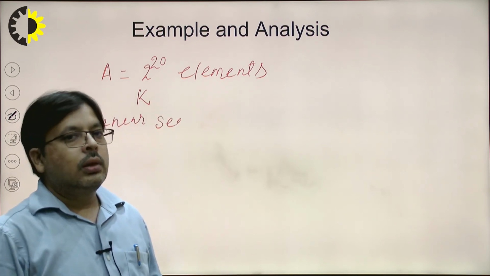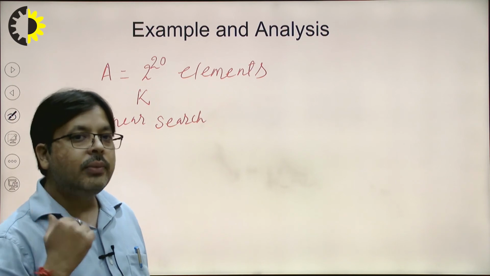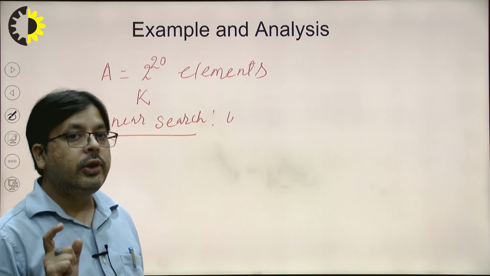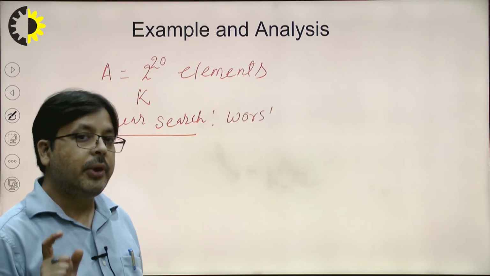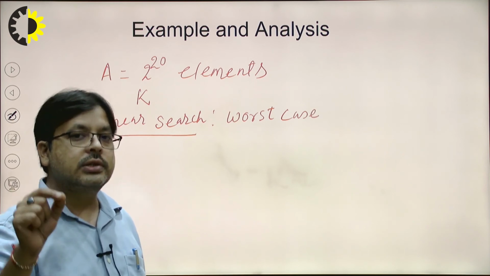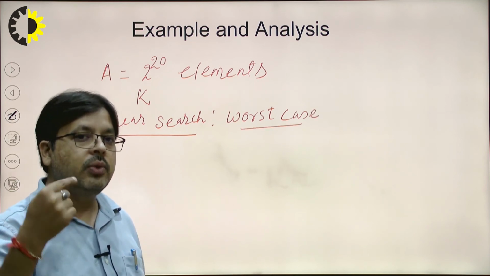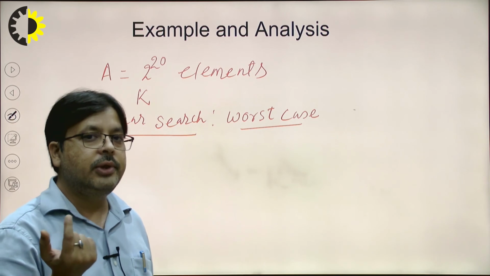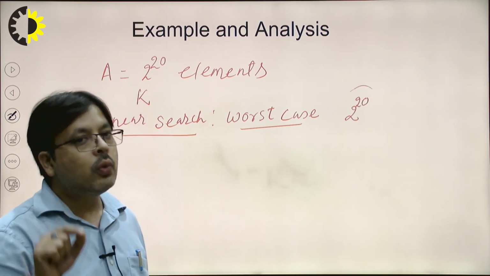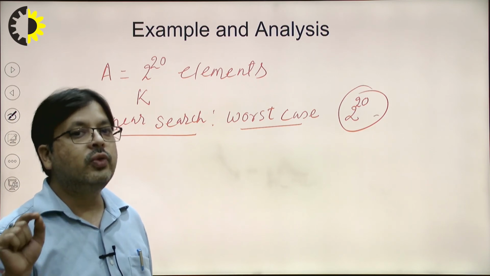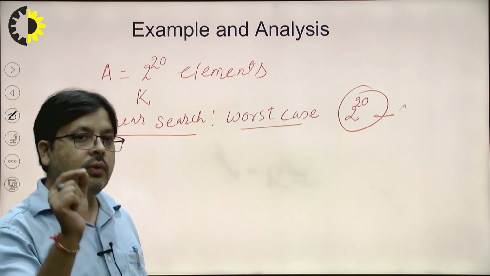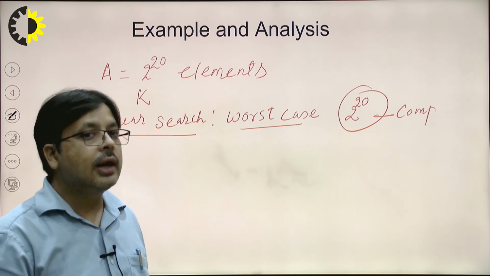Then in the worst case, how many comparisons do you need to perform? 2 to the power 20 comparisons, because we start traversing. This is sequential search. You compare each and every element with your desired element. So 2 to the power 20 comparisons to come to the decision whether the element exists or not.